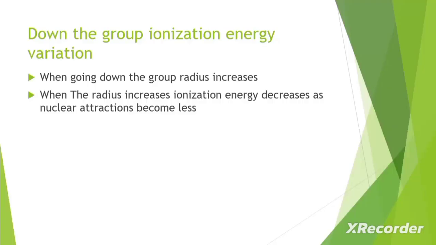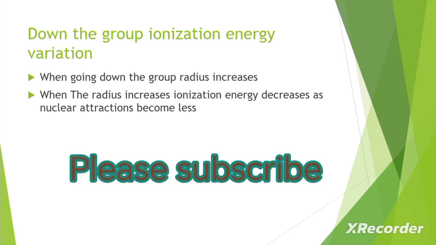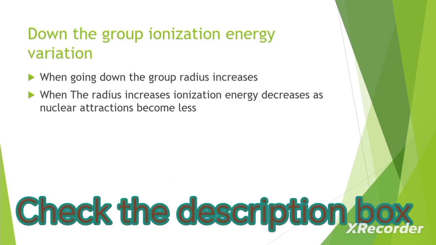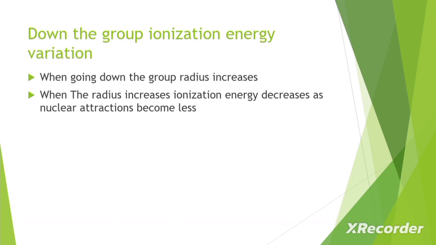We will discuss the ionization energy variation down the group. When going down a group, the number of energy levels of an atom increases. When the number of energy levels increases, atomic radius or cation radius increases.